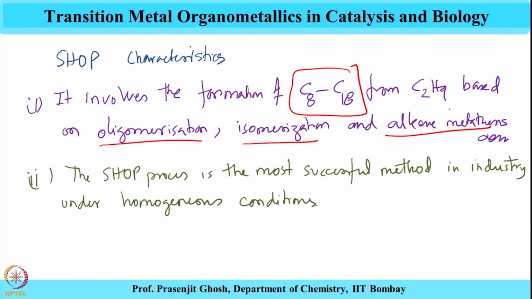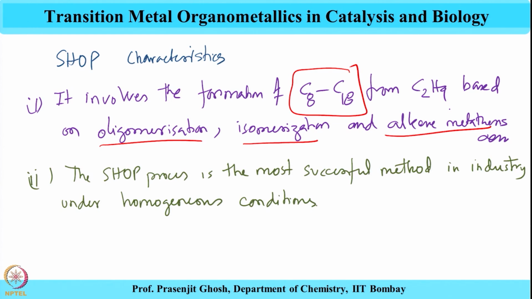And usually these polymerizations are carried out in polar solvents. So, this is one powerful method for these oligomerization reactions to produce alpha olefins using Ziegler-Natta catalysis.